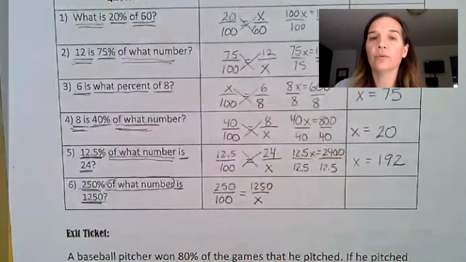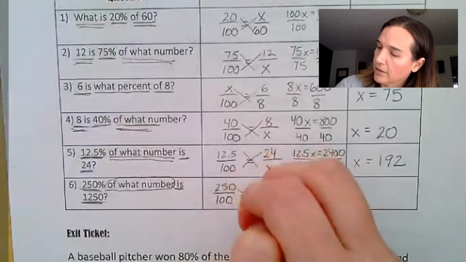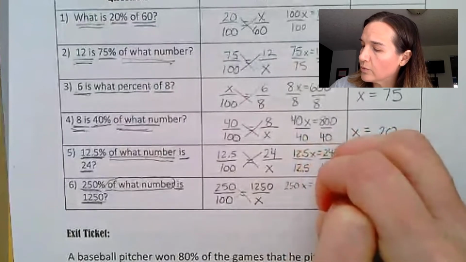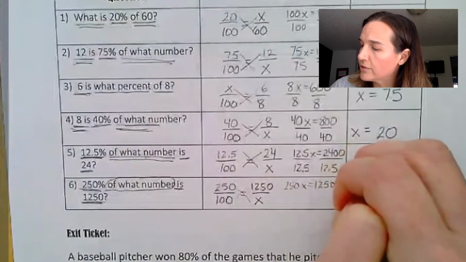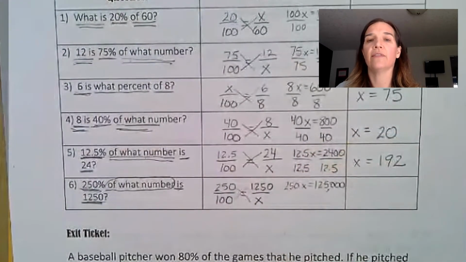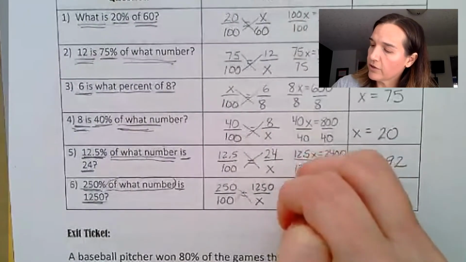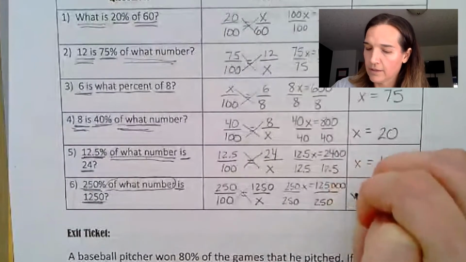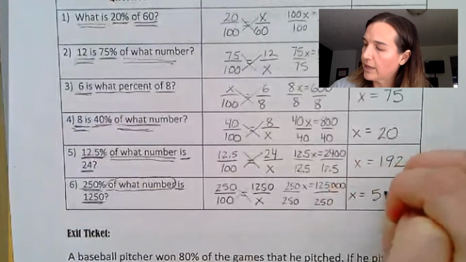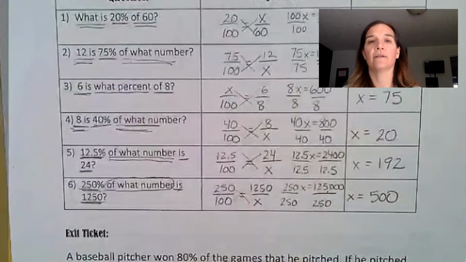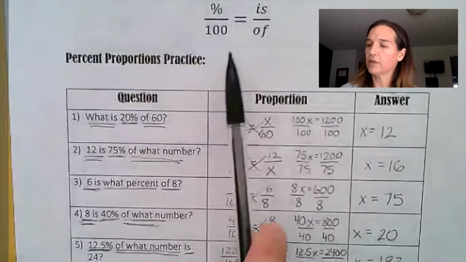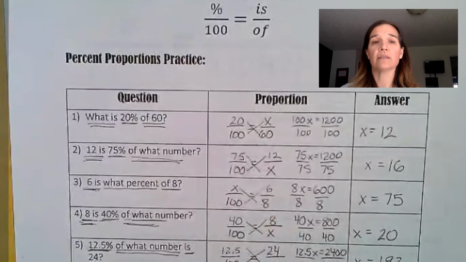The one I didn't know, my variable. Cross multiply, 250x equals 125,000. To solve, divide both sides by 250, and then you end up with x being 500. So that's how we use the percent proportion to find percents.